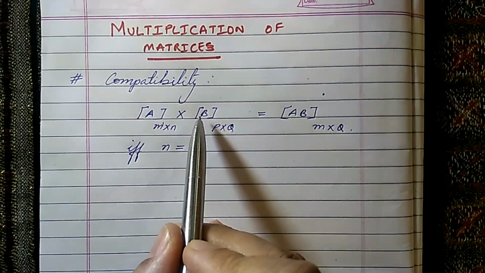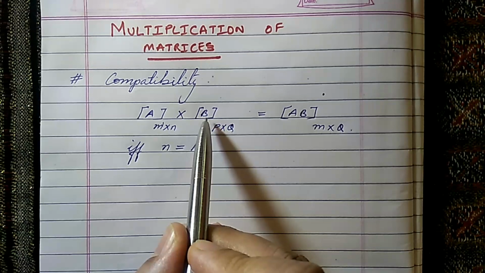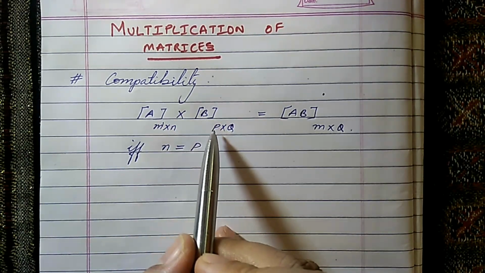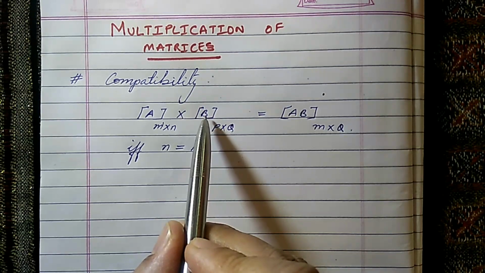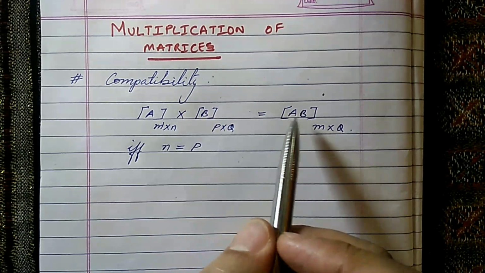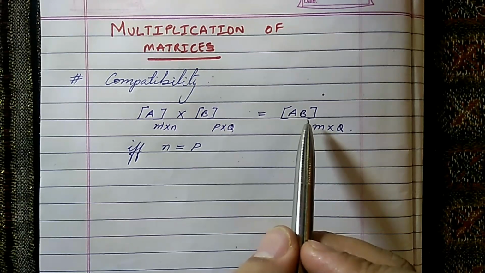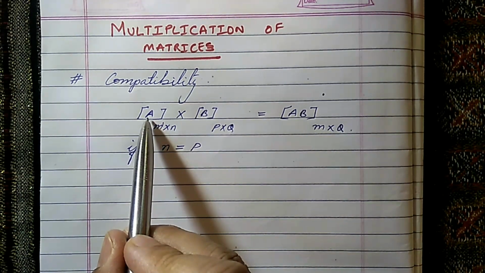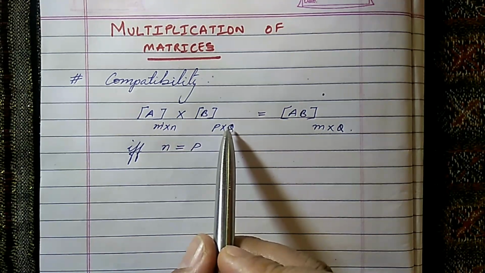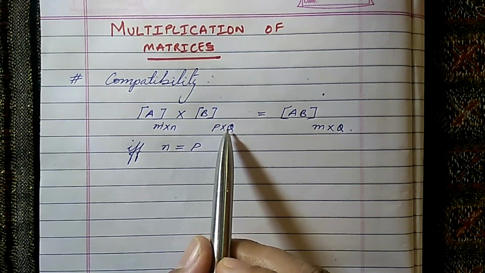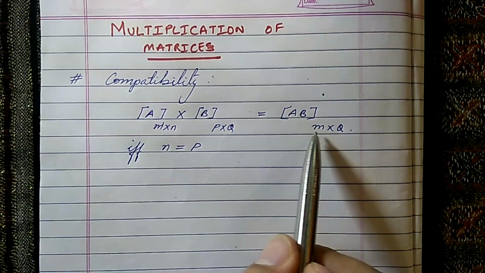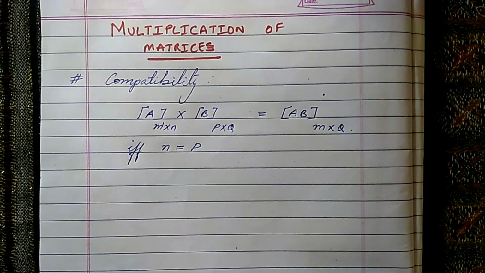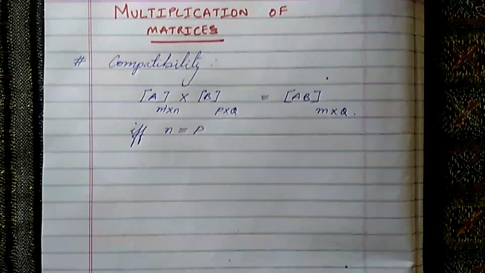These two matrices can only be multiplied if the number of columns of A is equal to the number of rows of B, and the resultant matrix will have the same number of rows as A and the same number of columns as B. So that's the compatibility test. Let us try and understand that further now.